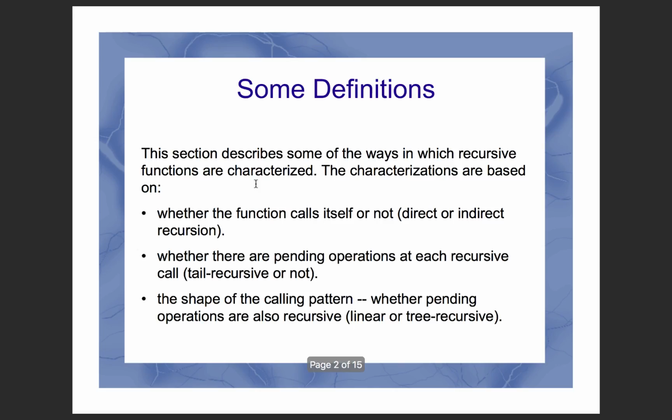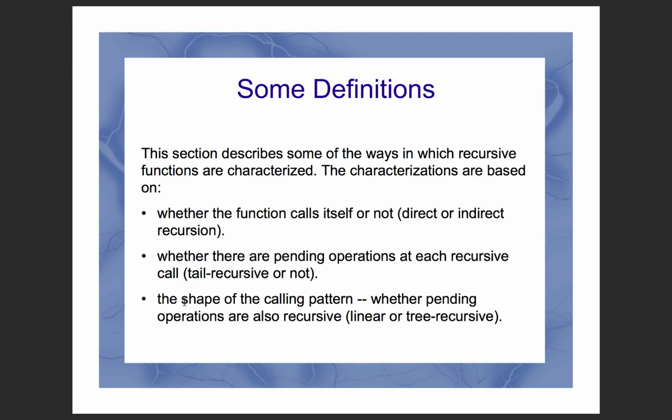Now, the third category of recursive functions is the shape of the calling pattern, where the pending operations are also recursive. Sometimes a recursive function is linear and sometimes it is tree recursive. That happens when, in its recursive part, the function calls the method recursively only once.